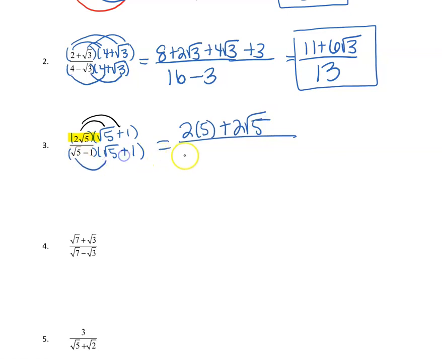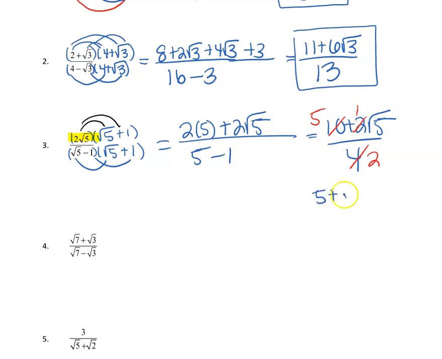In the denominator, I just have to do the first and last. 5 minus 1 is 4. Now at this point, guys, you can reduce each of these by 2. So my final simplified answer is 5 plus radical 5 all over 2. And then you're done.